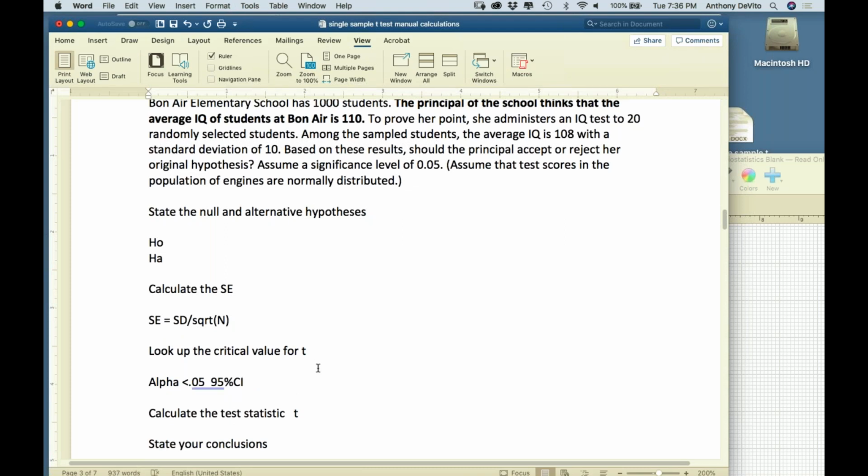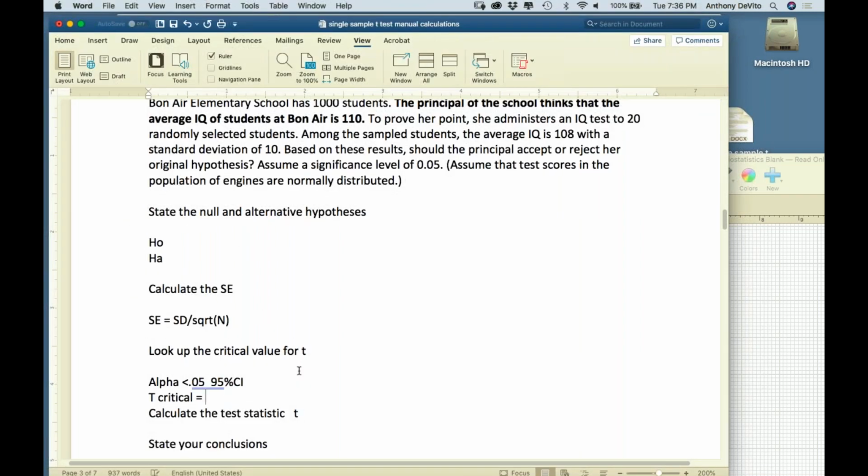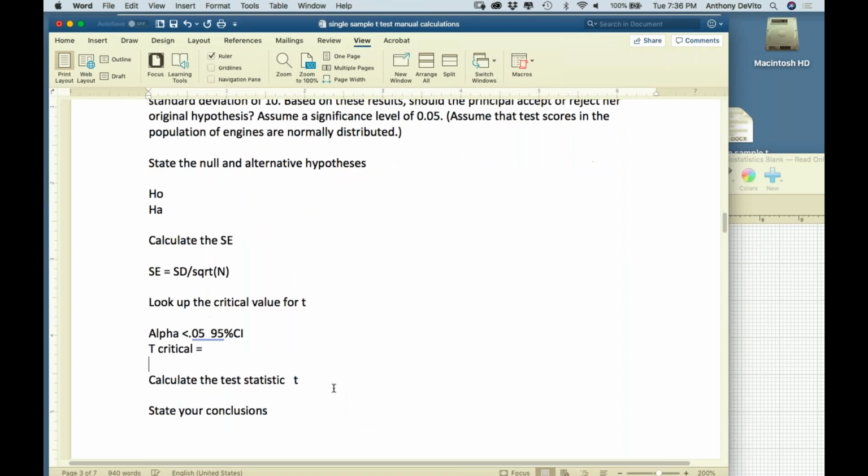Then you're going to look up the critical value, t critical equals. You calculate your t statistic, and the formula there is t is equal to x bar minus mu over the standard error, and you're going to compare it to your t critical.